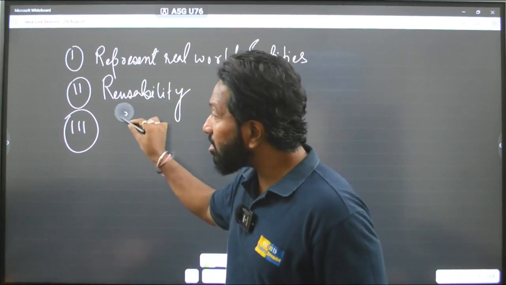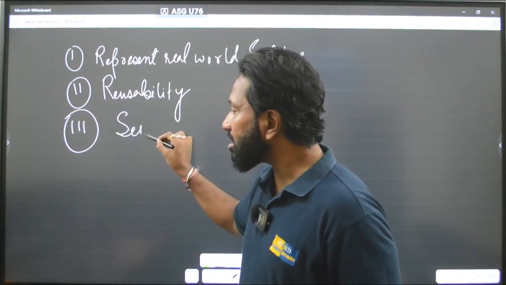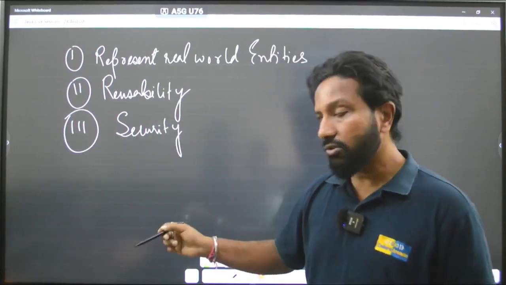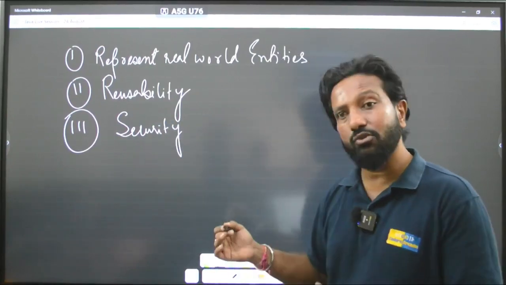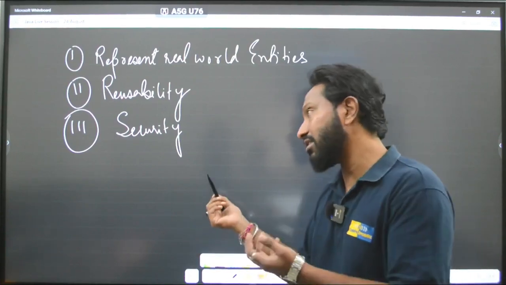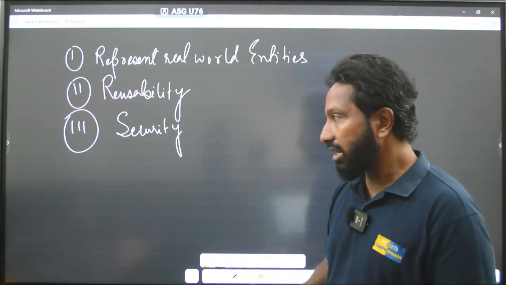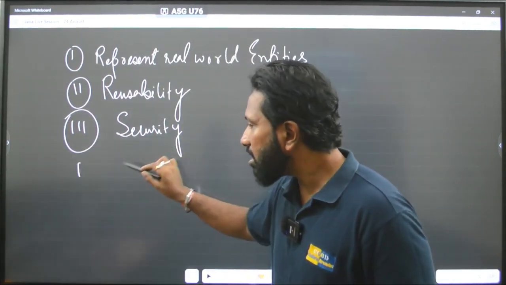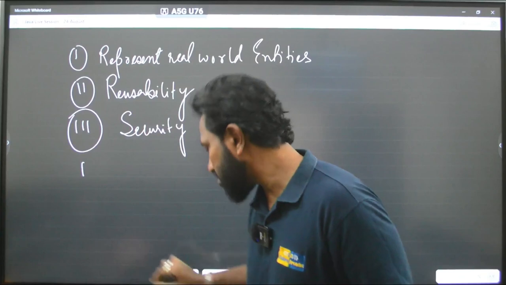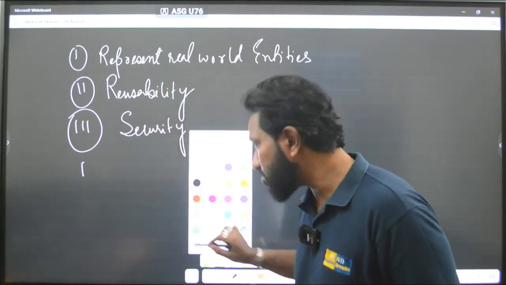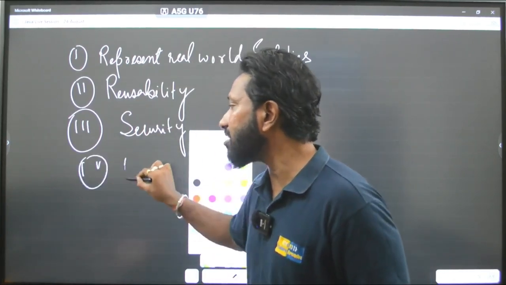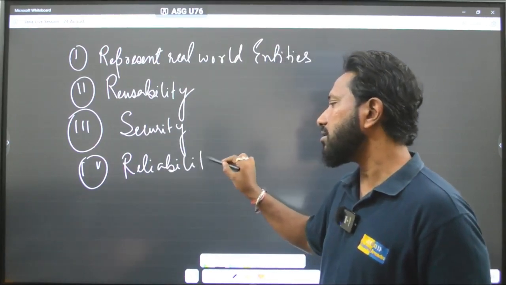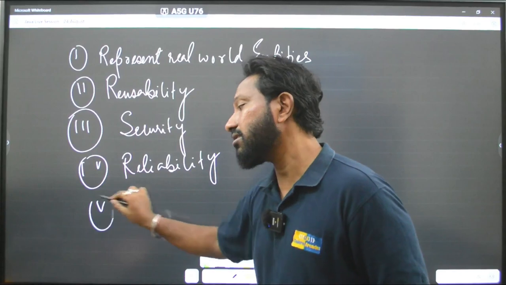There is something called security. We will come to that. Don't have to worry about that. When you are learning the 4 pillars of object oriented programming, you will understand that. Okay? And there is something called reliability. And obviously efficiency.